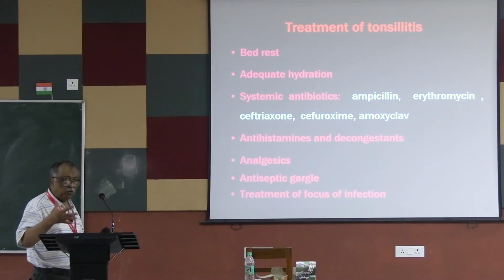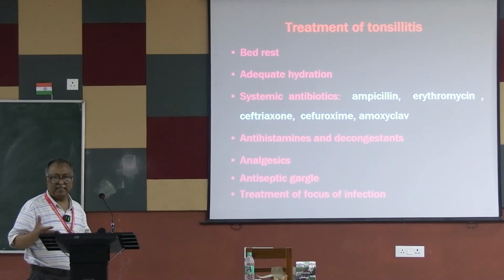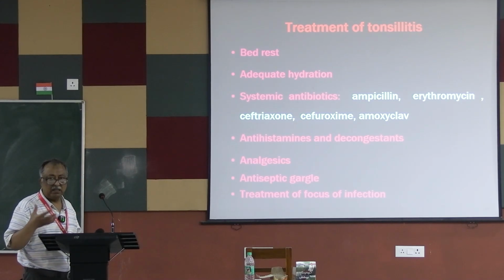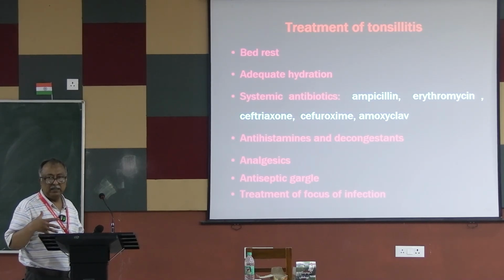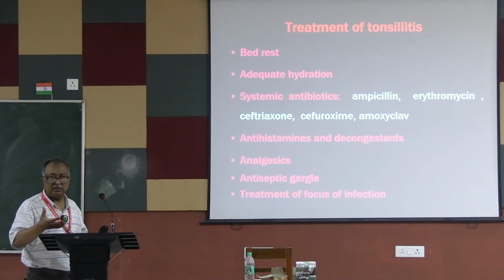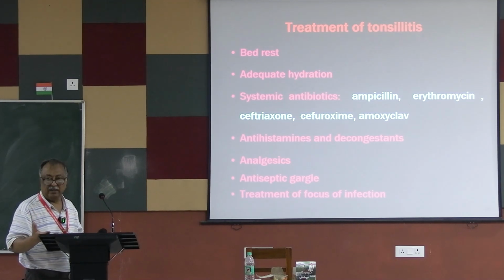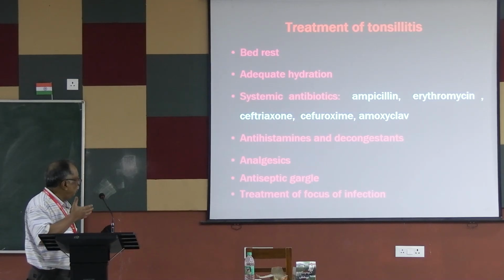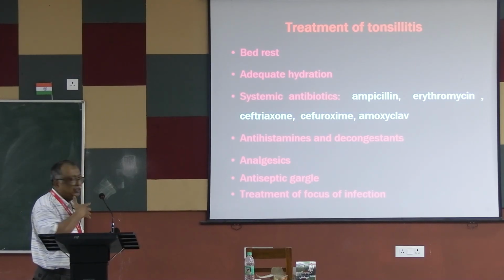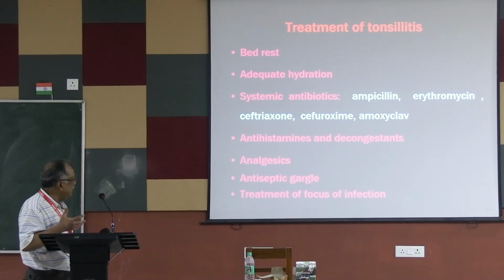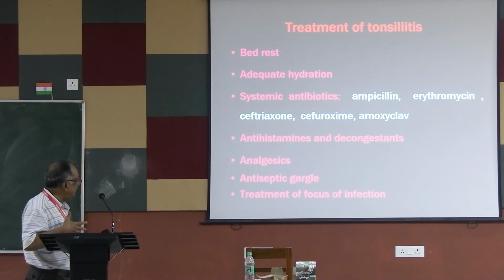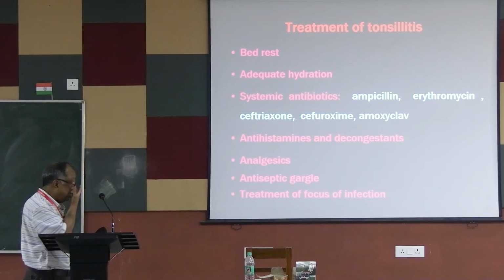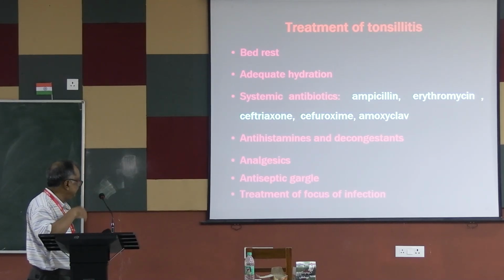In acute tonsillitis, most of the cases in the clinic you will see start with a running nose and fever, then after 3 to 4 days it turns due to secondary bacterial infection. So there is an associated feature of nasal congestion, and a decongestant like xylometazoline or oxymetazoline is needed, and an antihistaminic like cetirizine or levocetirizine is needed.